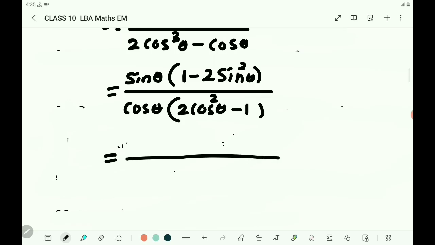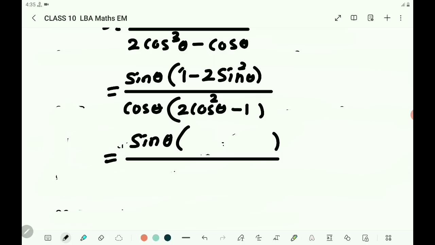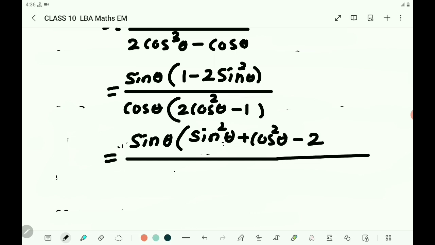equals, write sin theta as it is. In the place of 1, write sin square plus cos square. Sin square theta plus cos square theta minus 2 sin square theta.